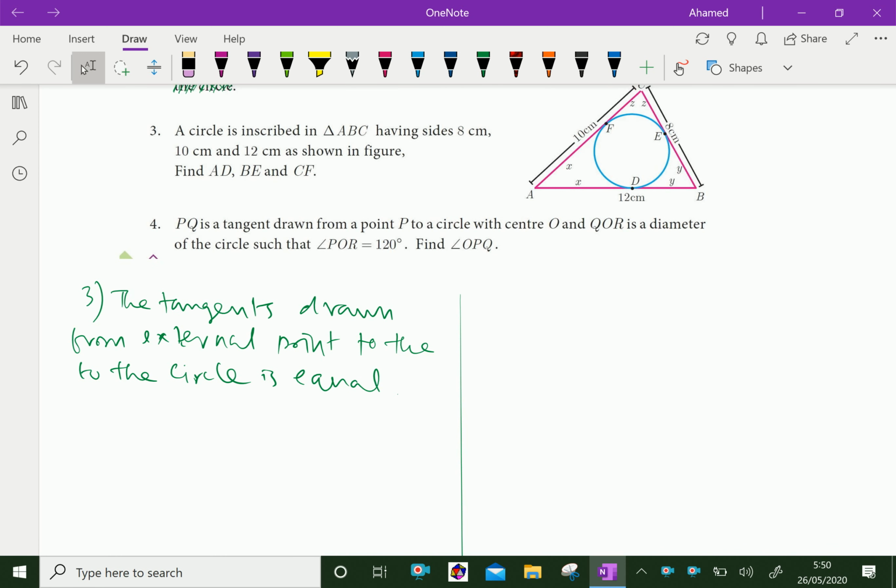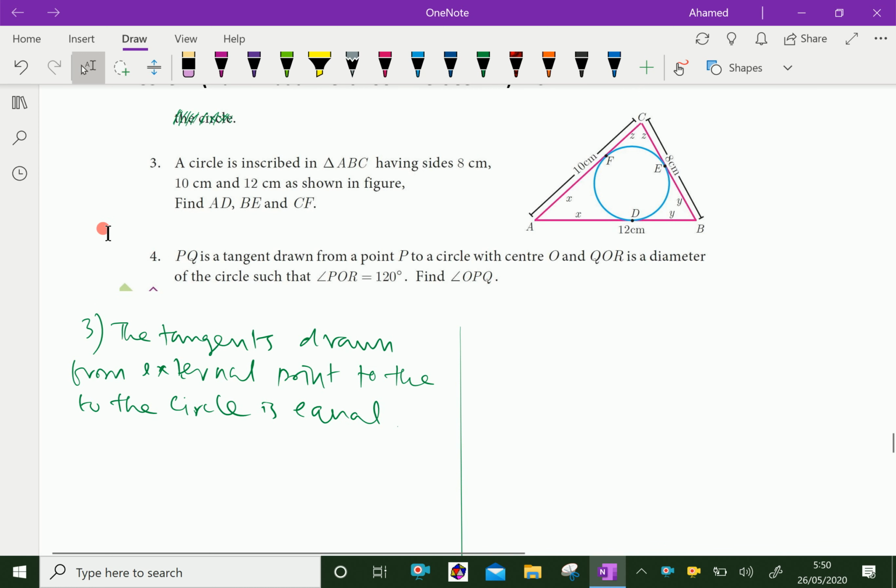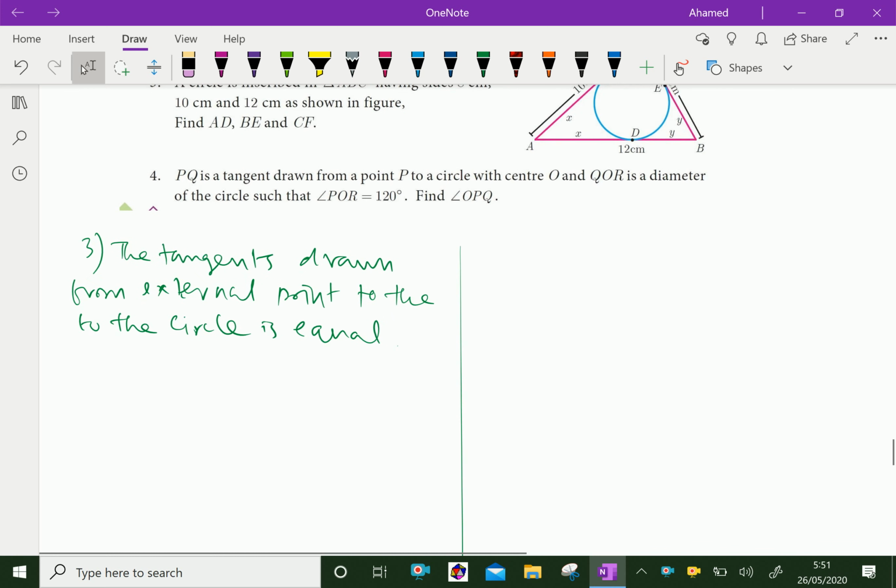Here the tangent AD is equal to AF, BD equal to BE, CE equal to CF. Like AD equal to AF, which we take as x.